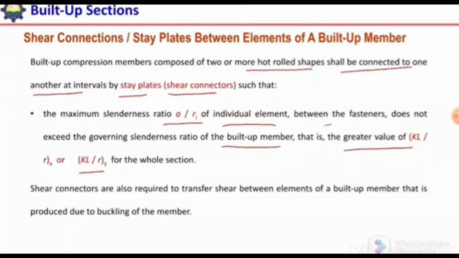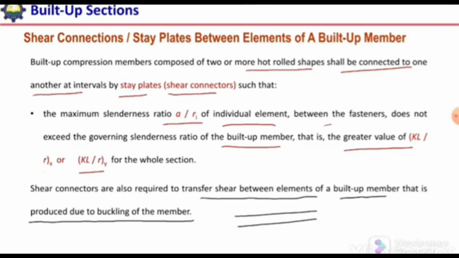So shear connectors are also required to transfer shear between the elements of built-up members that is produced due to the buckling of the member. Actually, when we have two members like this and these are bent in this manner, the shear stresses will develop between these two members.